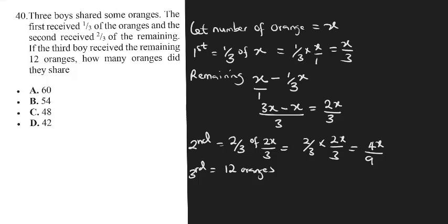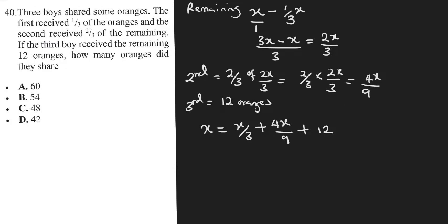So the total oranges X is equal to X/3, add 4X/9, plus these 12 oranges, plus 12.